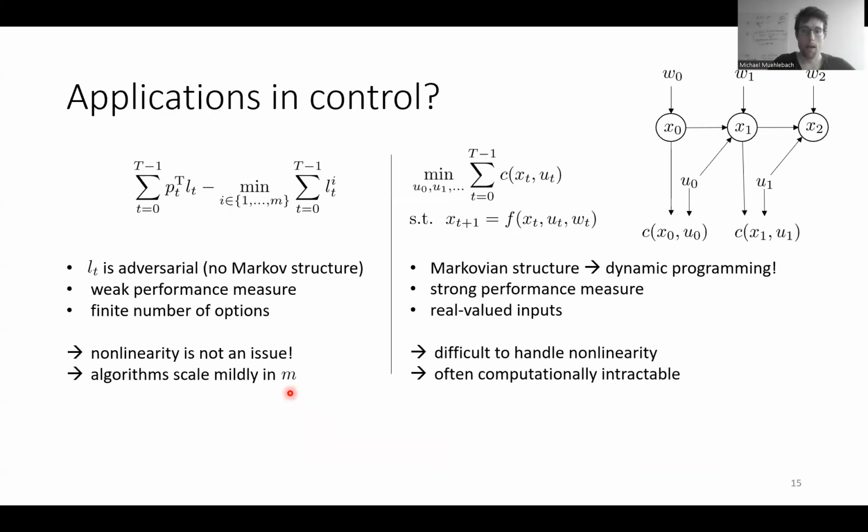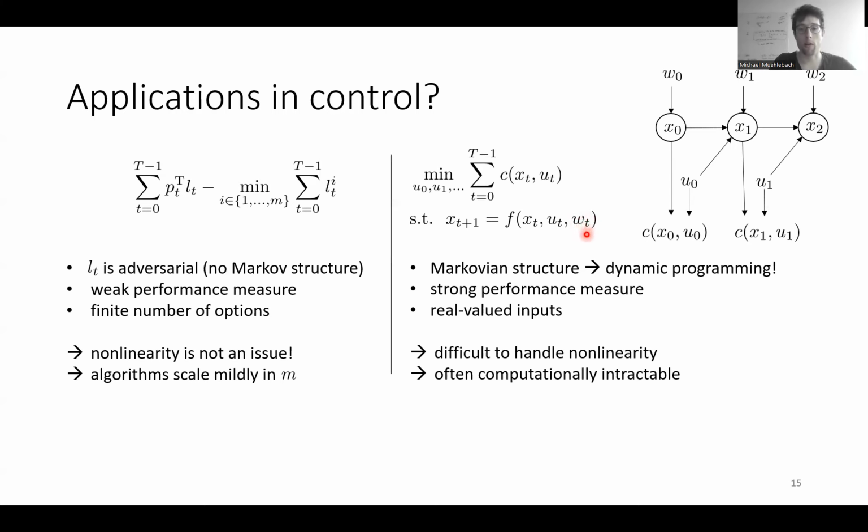Now, because this is a controls conference, let's try to contrast this problem setup to what we're used to in controls. In controls, we usually have a cumulative performance as well. But the difference is that we have a Markovian structure. The state at the next time step is essentially determined by the state of the previous time step, an input that we apply, and the disturbance.